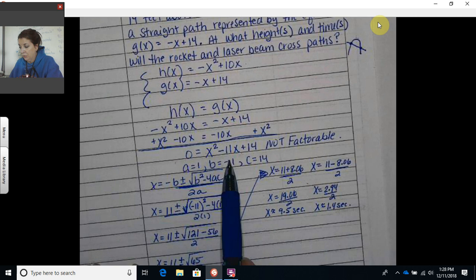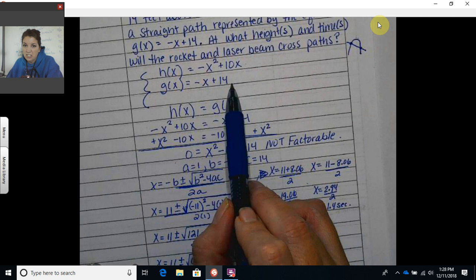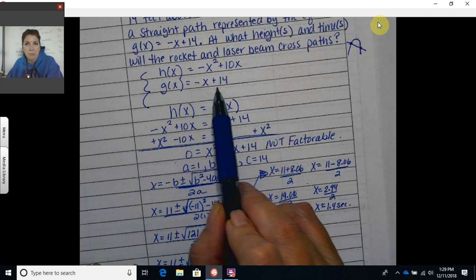Okay? So I would go probably to the linear function g in this case, just because it's less work, but you could plug it into function h and get the same answer. It's just the linear one's going to be less work than the quadratic one. Okay?